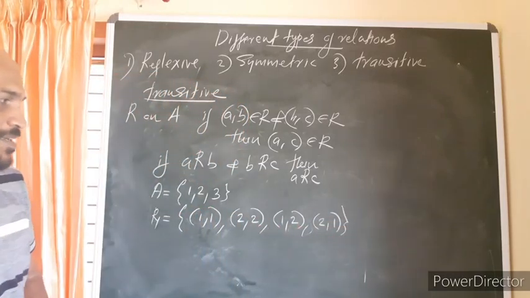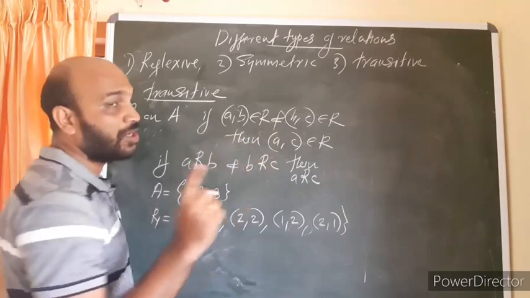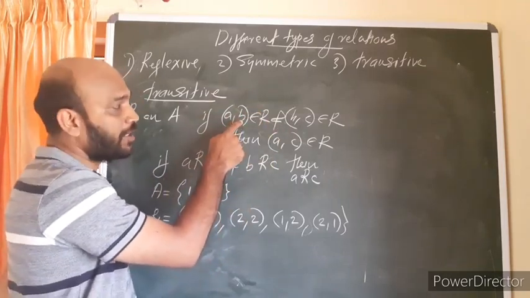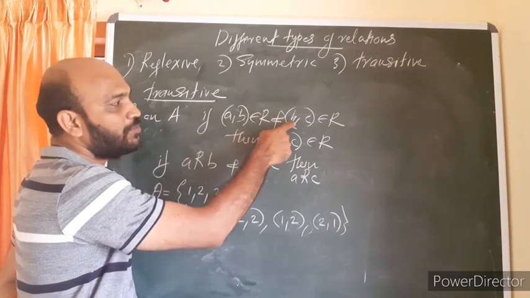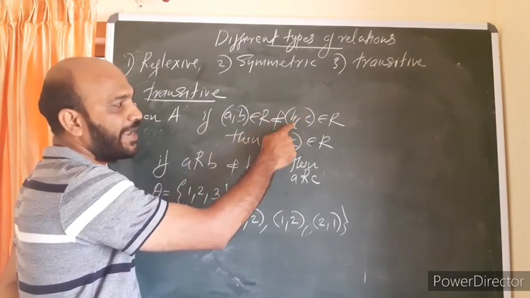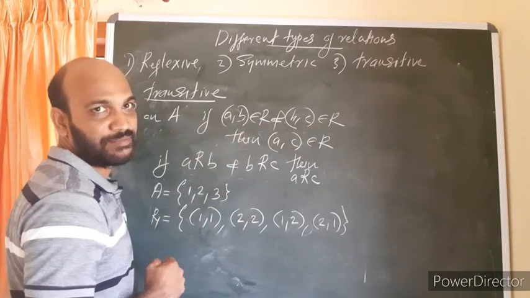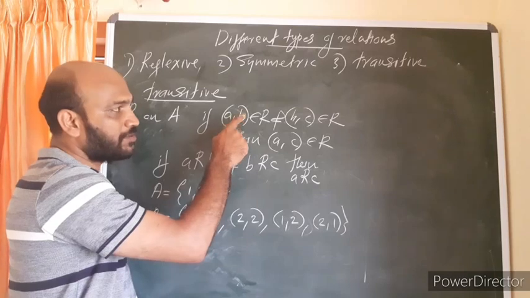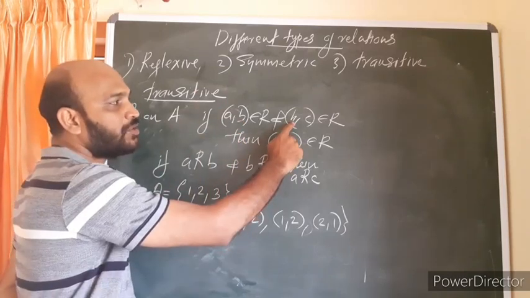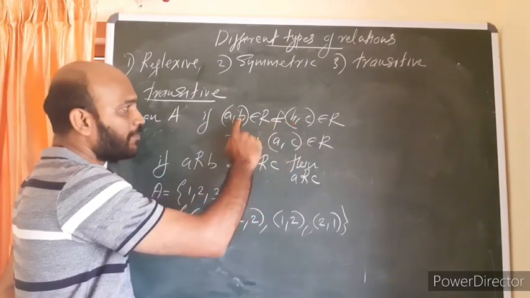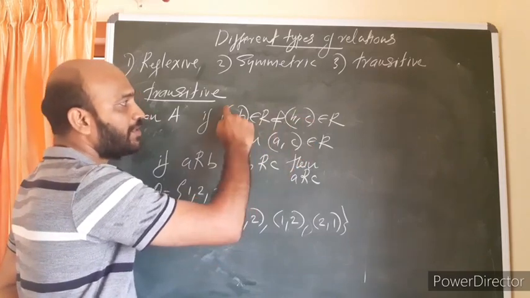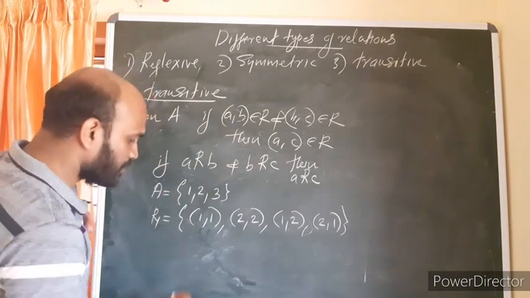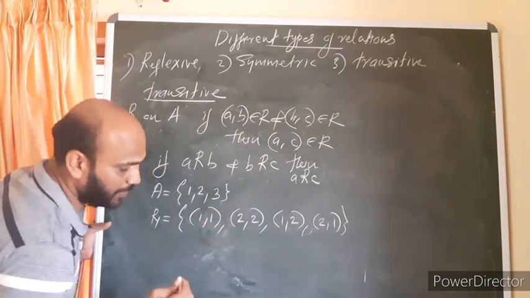Verify whether R1 is transitive or not. You have to note one thing. The y coordinate of the first ordered pair should be equal to the x coordinate of the second ordered pair. Then only we can combine. AB belongs to R, BC belongs to R, then AC should be there. Like that you have to check. So take any two ordered pairs.